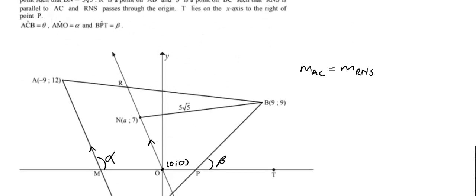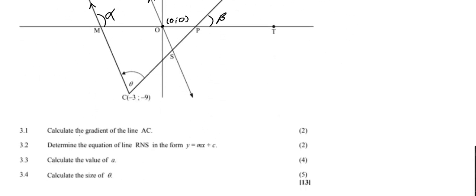Let's answer these questions. The first question is asking us to calculate the gradient of the line AC. Now, the formula for the gradient is straightforward. The gradient of any line, in this case AC, is equal to y2 minus y1 over x2 minus x1.